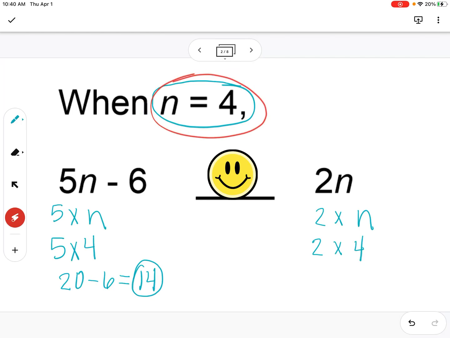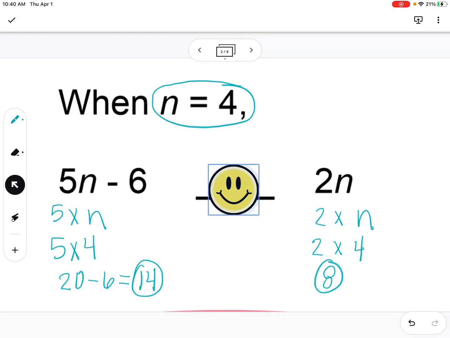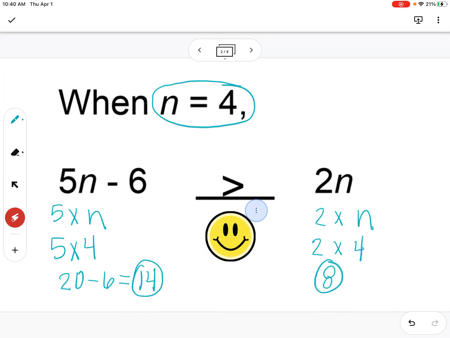So I know that this side is going to be equal to 8. Now if I compare these two, I'm thinking this side is greater than this side. You should have all of this in your notes, please. And I actually want you to include this smiley face right here so that we can do a quick check that you're following along throughout the lesson in your notes that you post.